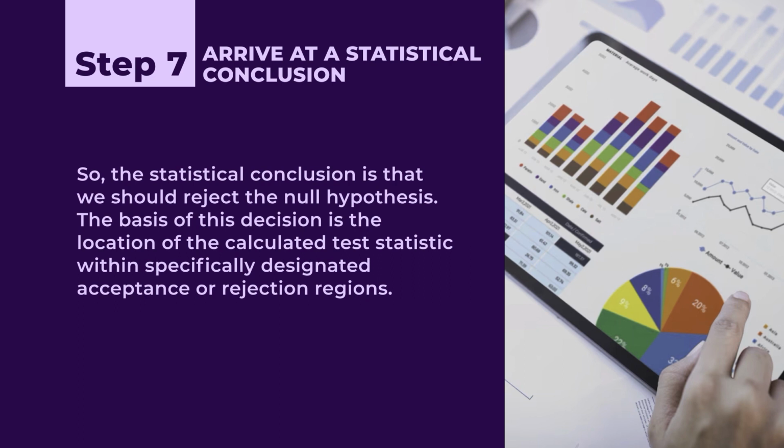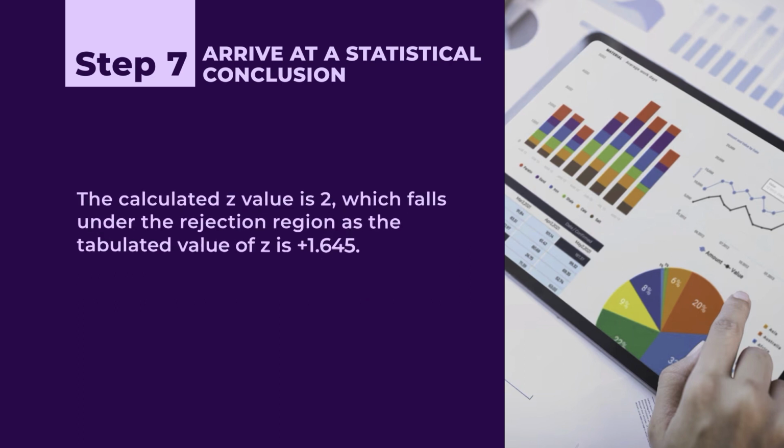The basis of this decision is the location of the calculated test statistic within specifically designated acceptance or rejection regions. The calculated Z value is 2, which falls in the rejection region, as the tabulated value of Z is plus 1.645.